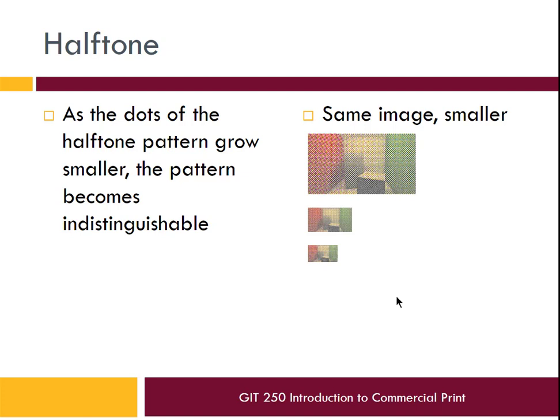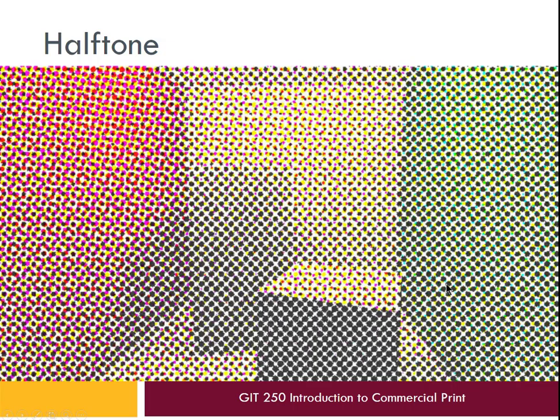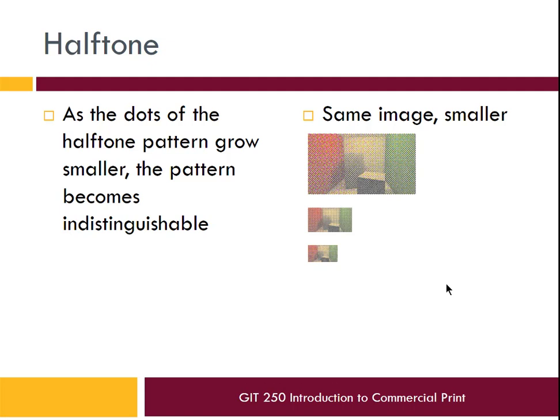Because let's say that you're printing something on a book. People are going to hold it inches to a couple of feet from their face probably, and the viewing distance is pretty close. You need to have high enough resolution that those individual dots like this aren't going to be distinguishable. You want the person to see the image where the colors actually start to blend together and you get the illusion of all those tones and colors and hues.